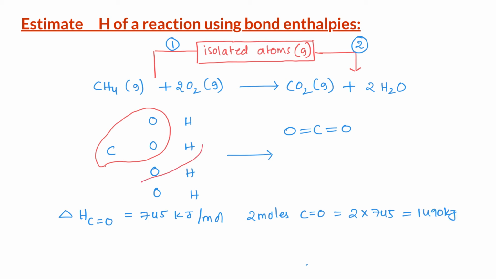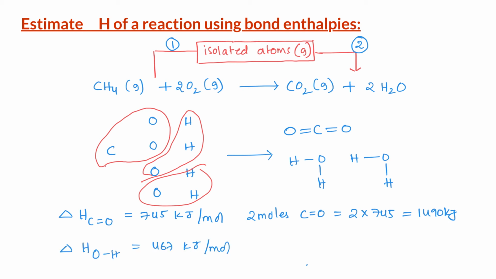Next, 4 moles of hydrogen atoms and 2 moles of oxygen atoms combine to form 2 moles of water molecules. Let us calculate the energy released during this process. The bond enthalpy of oxygen-hydrogen single bond is 467 kilojoules per mole of single bonds. Overall, in forming 2 moles of water molecules, 4 moles of oxygen-hydrogen bonds are formed.